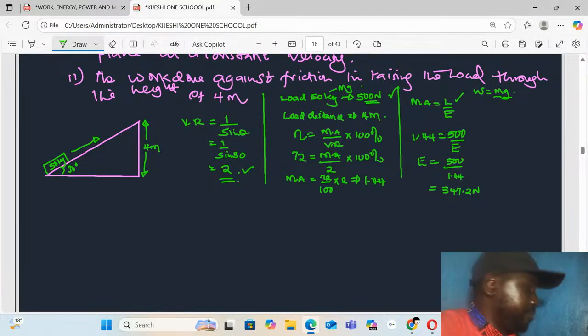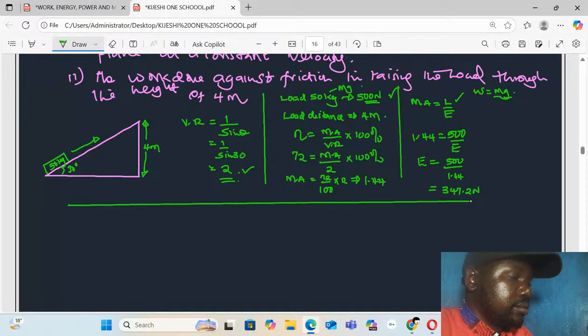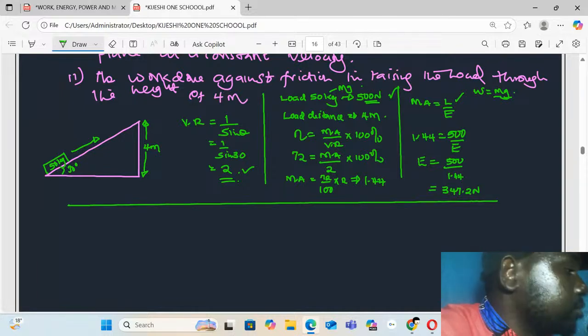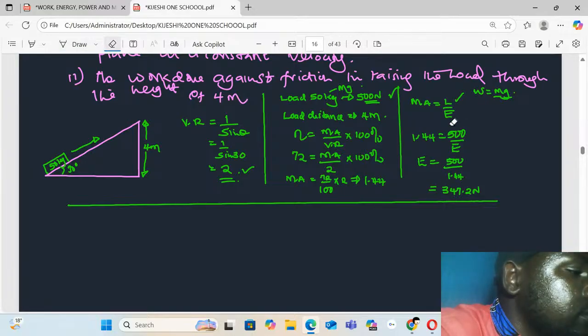Maybe I repeat from where that part had been blocked. If I do away with this section, then I will be able to help you retrieve what we had gone through.